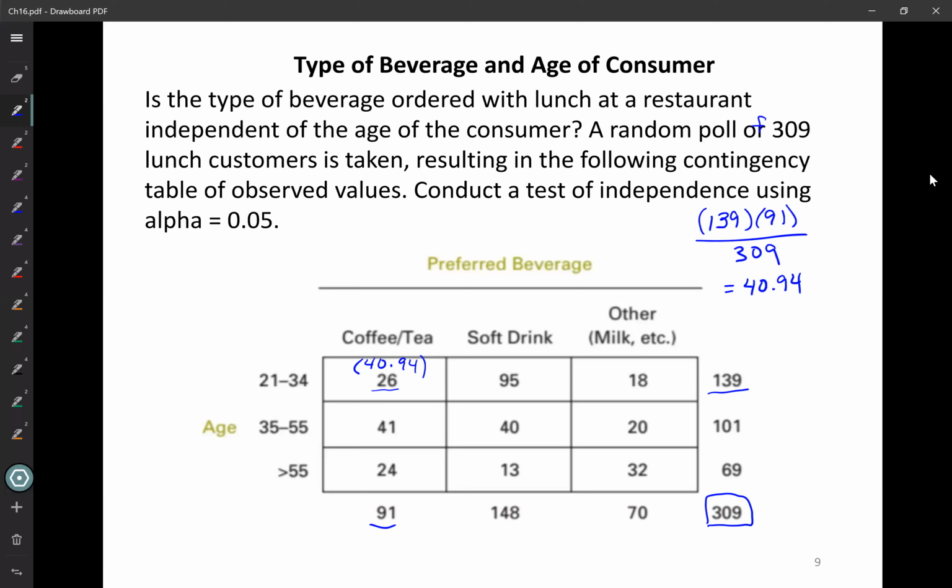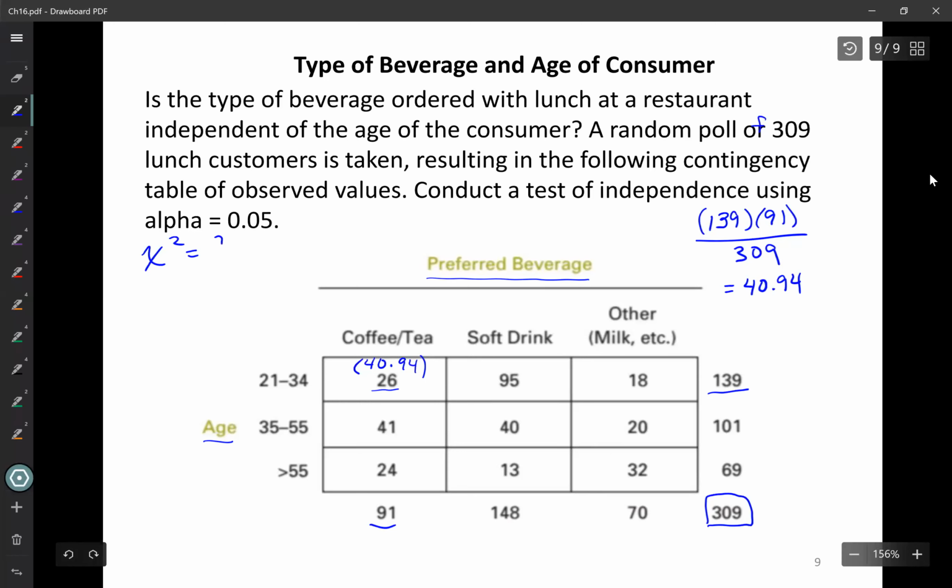You do the same thing for each cell. There are 9 cells, because we have 3 categories for age and 3 categories for beverage: coffee or tea, soft drink, or other, which is milk, etc. You do that for each cell, and then you add them up from this formula. Let's take the first cell.